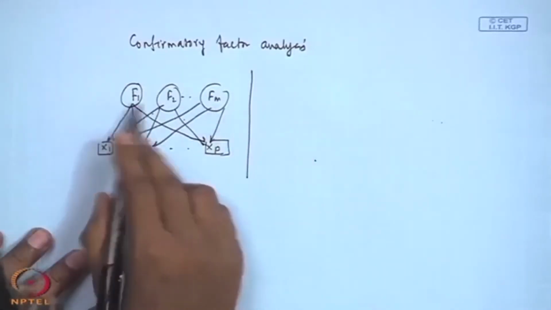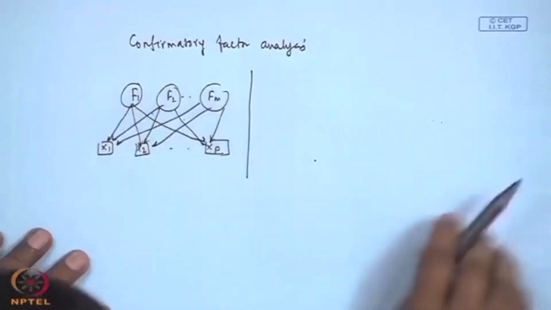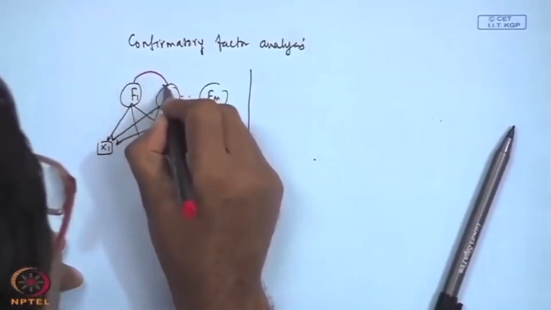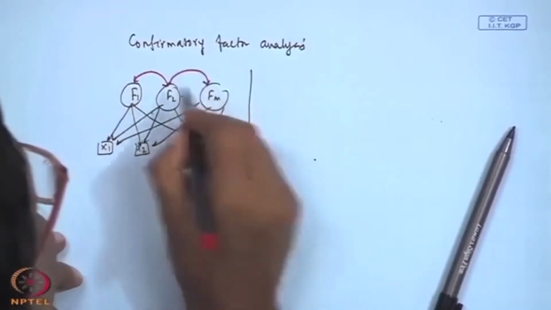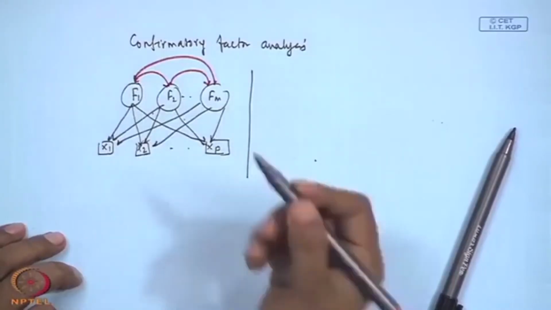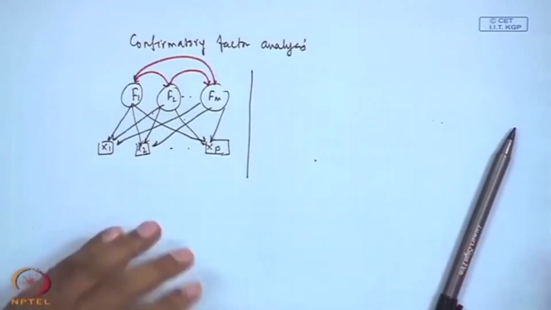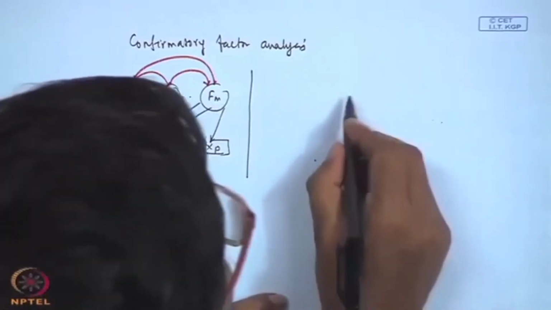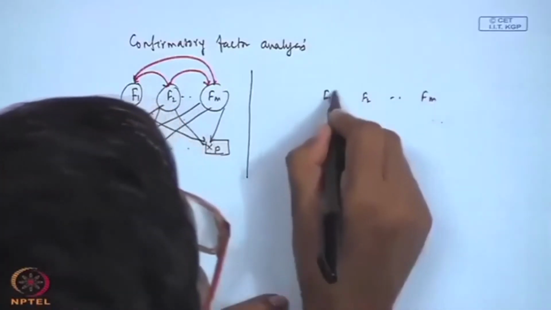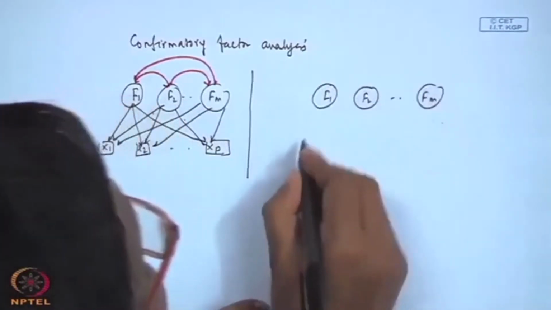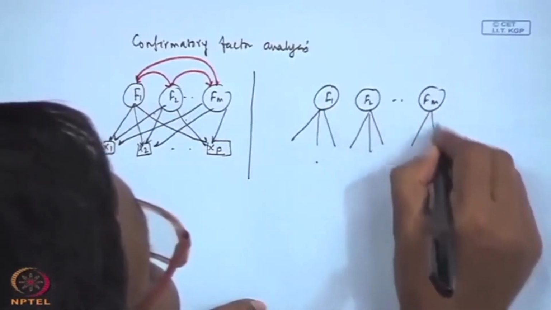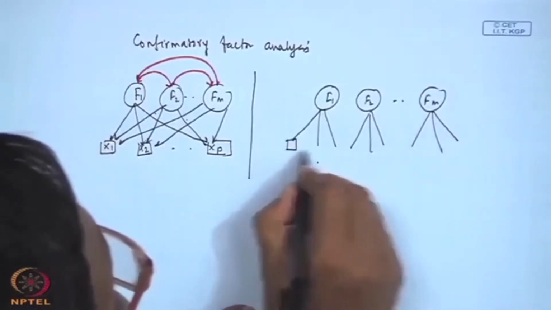When it is orthogonal, there is no relationship, but when it is oblique, there will be relationships between the factors. So, orthogonal and oblique. Confirmatory factor analysis will be similar, but with a very important difference. This difference is that I know which factors are linked with which variables.